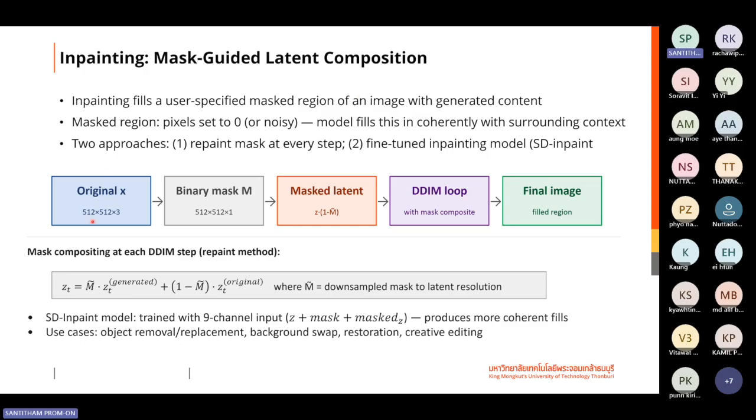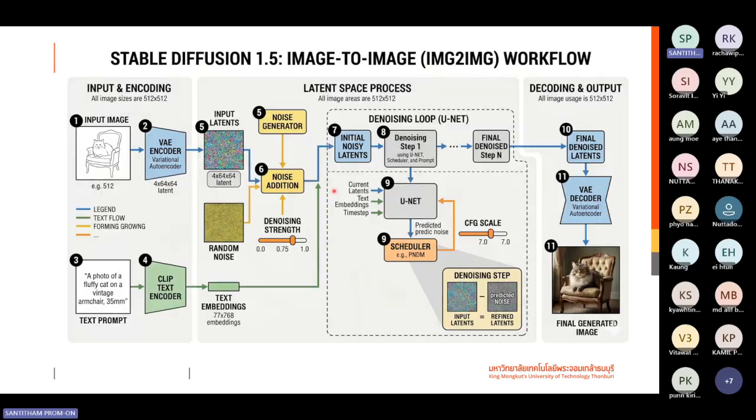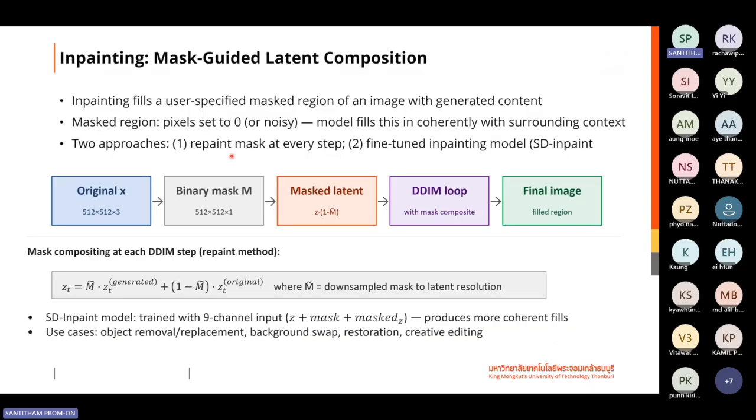So the original image will be masked, so you have a masked latent. From the original image, we can mask part of this. Some part is set to 0, some part you let be the latent value, and then do DDIM. And at the end, add the final image out.